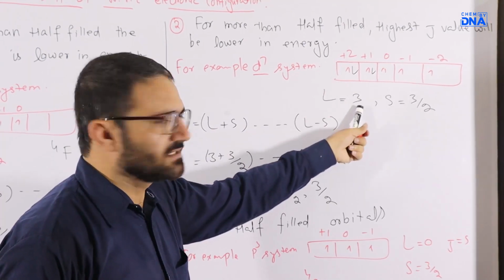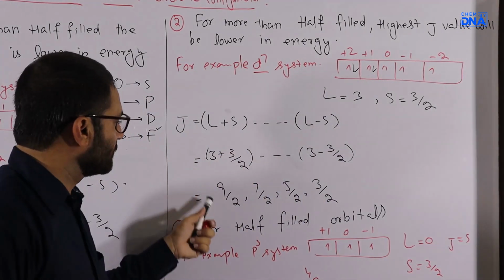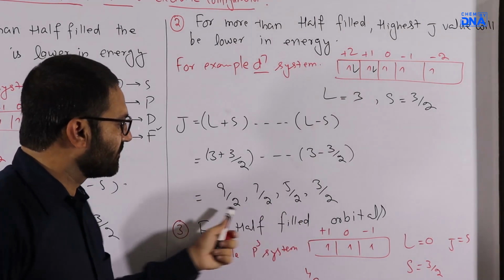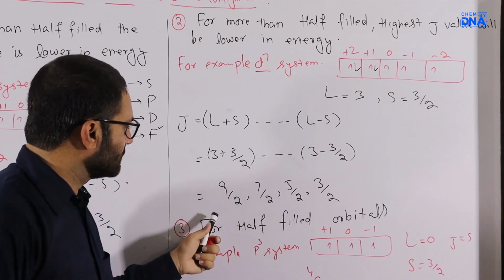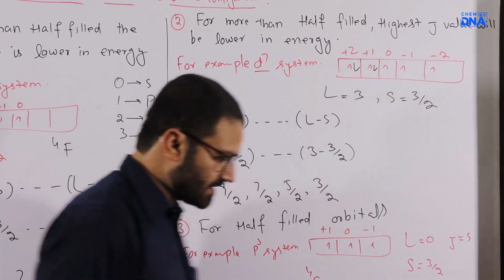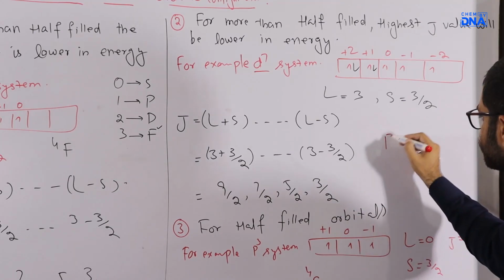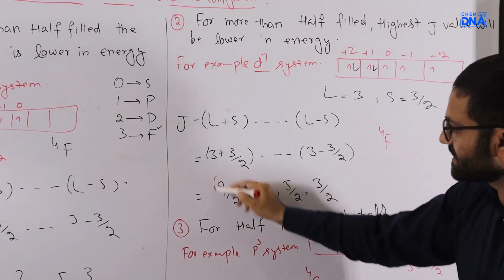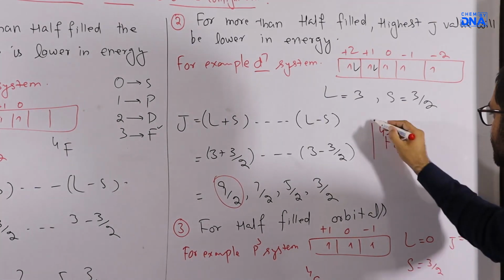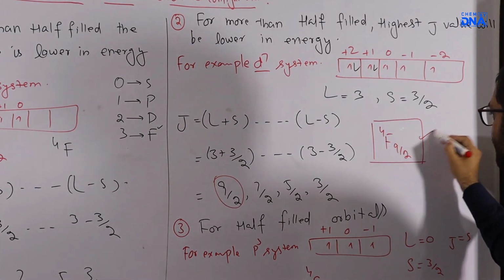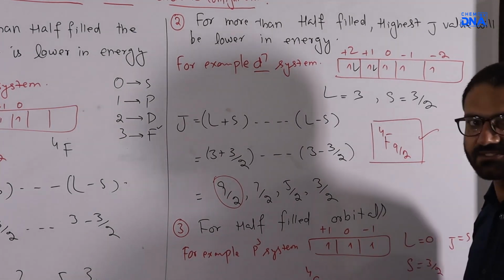Here L is 3, S is 3/2. From the LS coupling scheme, you will get these 4 J values, and again the term is F quartet, but the higher J value will fall lower in energy. So this is the lower energy spectroscopic term for this D7 system.